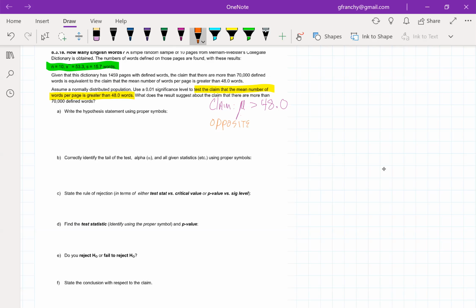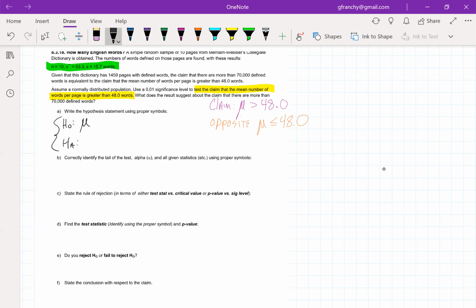The opposite or negation of this claim is that mu, the population mean, is less than or equal to 48 words per page.